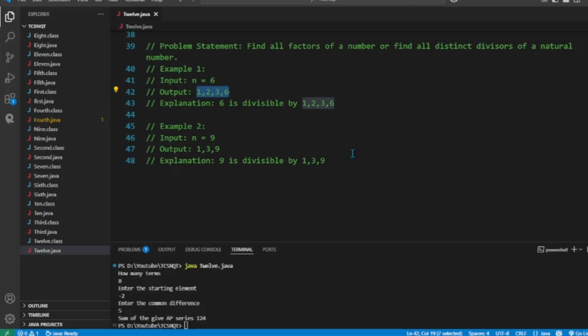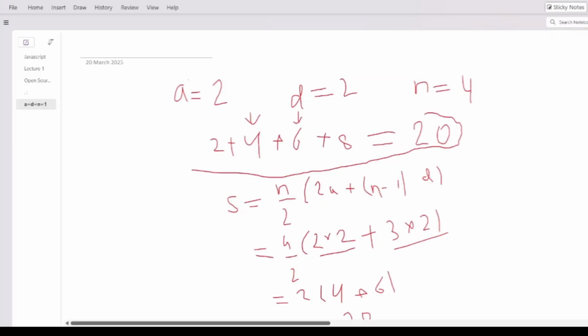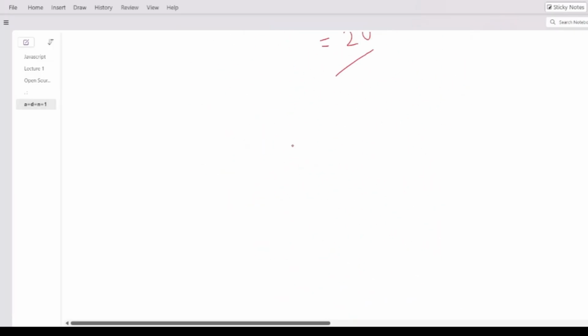So how to find the factors of a number? We go over to the digital board and see how to find the factors of a number. For example, we have the number 6. How do we find the factors of 6? First we start from 1. Then 6 modulus 1, we get 0.